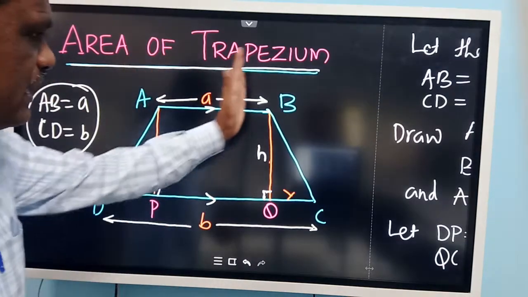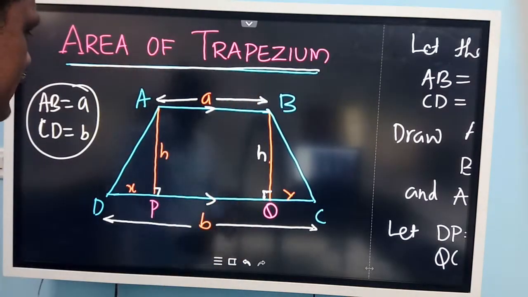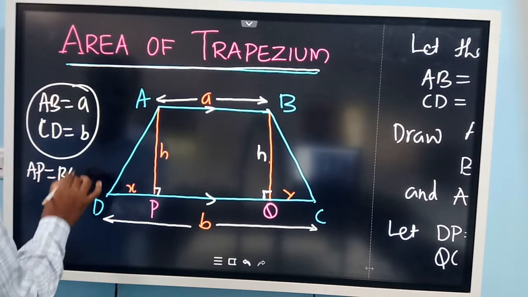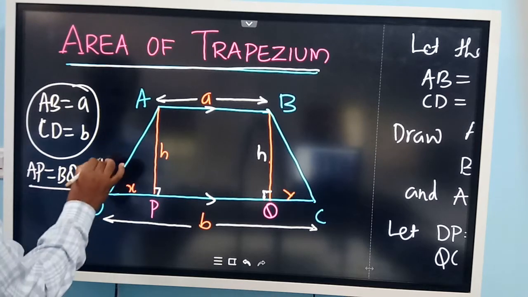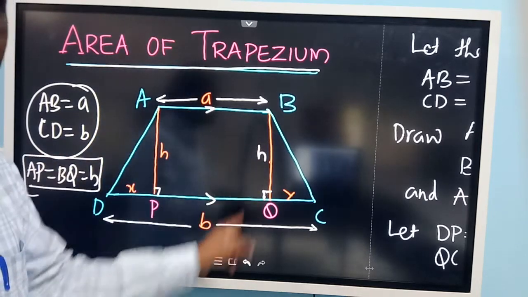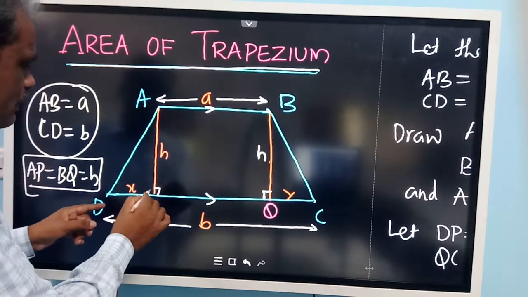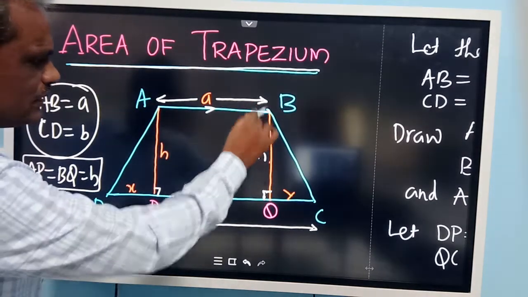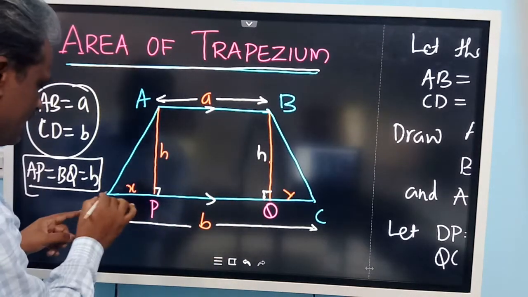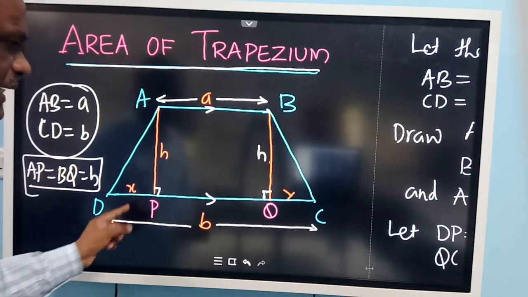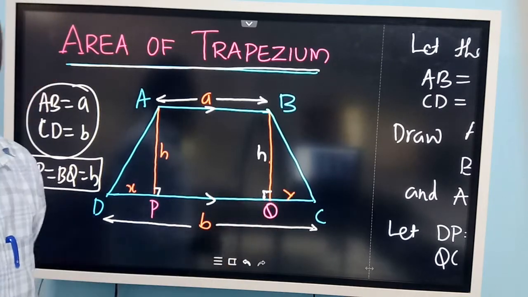So this perpendicular line and this perpendicular line have the same length, that is AP is equal to BQ, and both are equal to H units. When you drop the perpendiculars, they intersect CD at P and Q, and I have taken this length DP as X units and CQ as Y units.